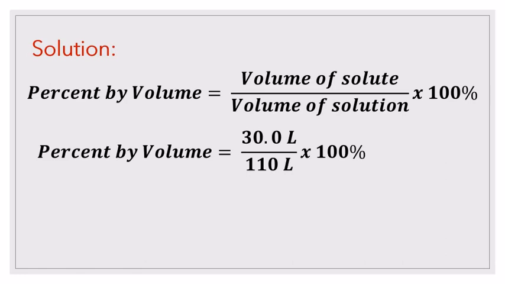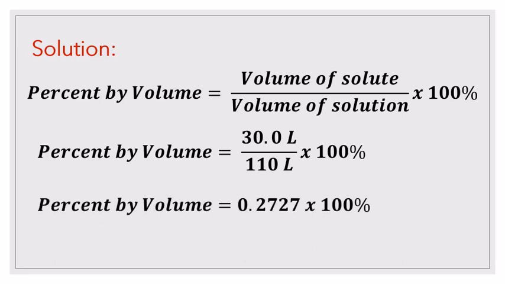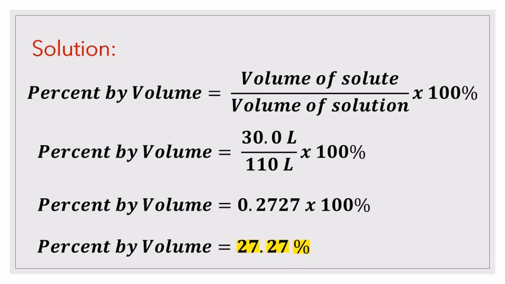So substitute the volume of solute, which is 30 liters, and the volume of solution, which is 110 liters, times 100. And then 30 divided by 110 is 0.2727, and then multiply it by 100, and the answer will be 27.27%, and that is the final answer.